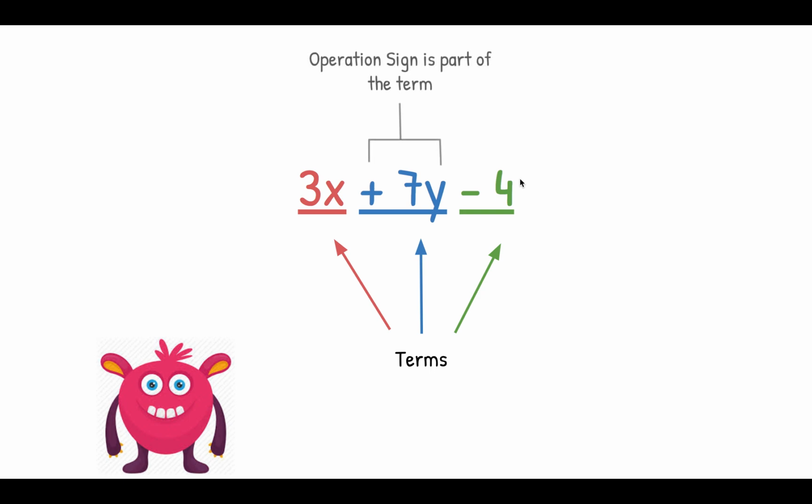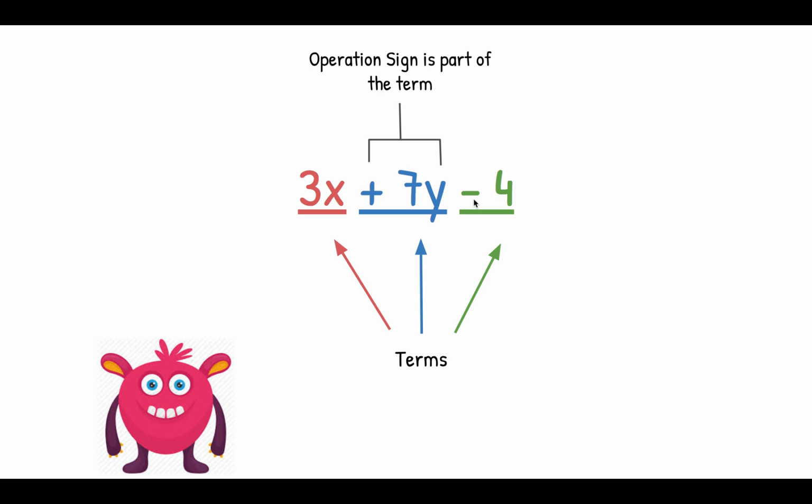I've been saying -4, and you might be wondering why. The operation sign before a term is part of that term. So it's associated with that term. For lack of a better term, it's consumed by that term. Here, since the plus sign is before the 7y, the 7y is positive.